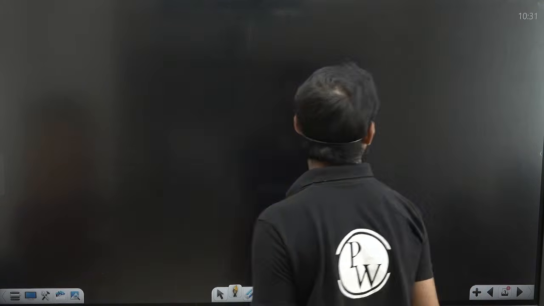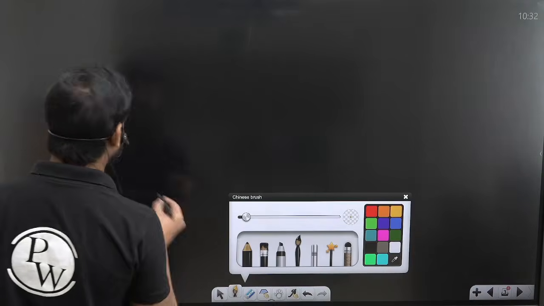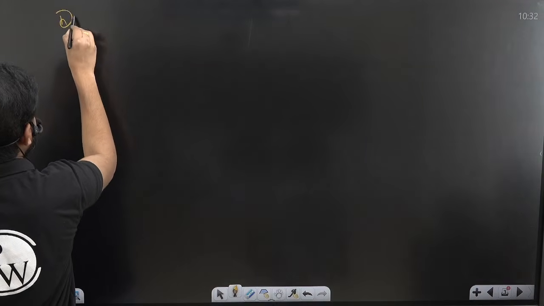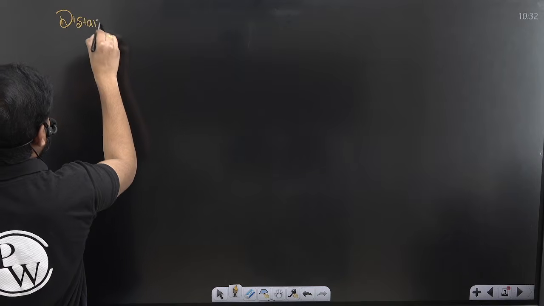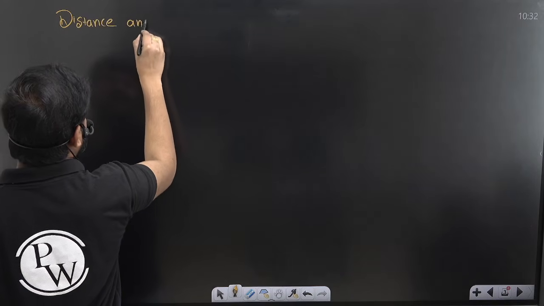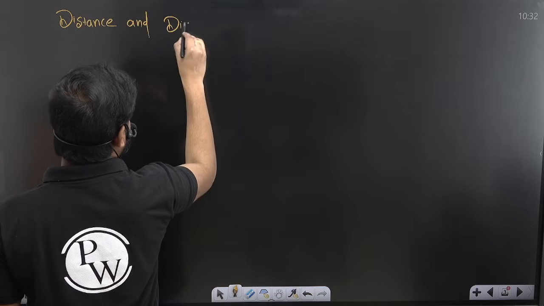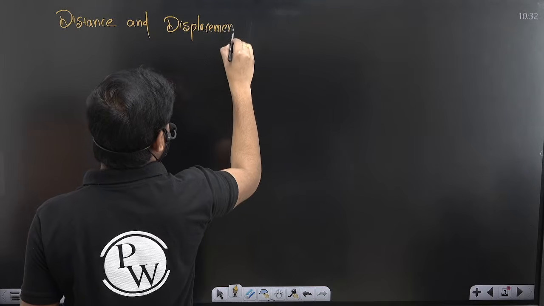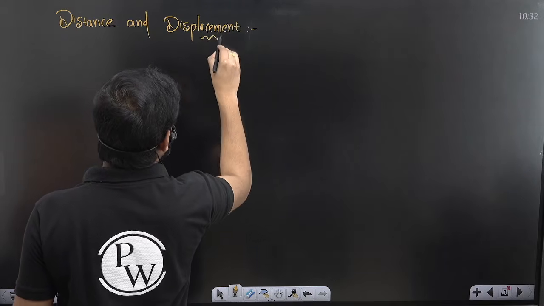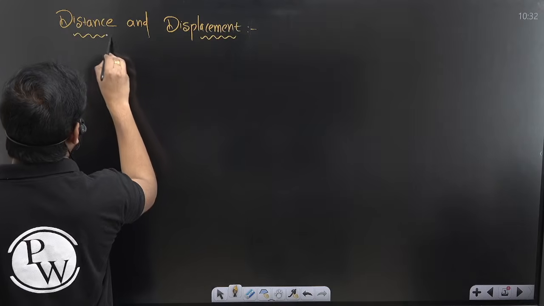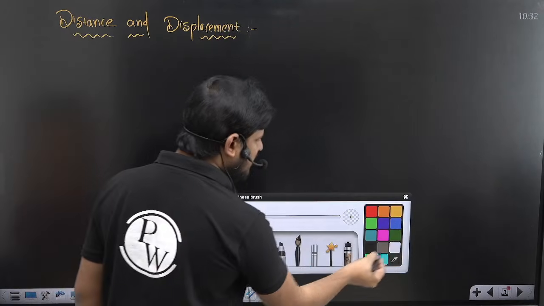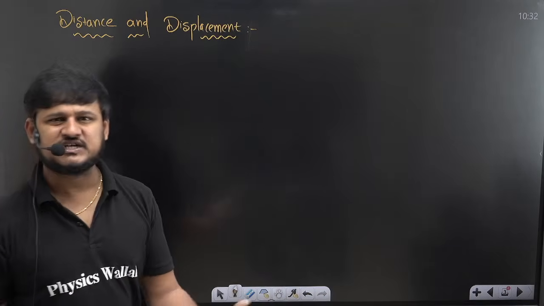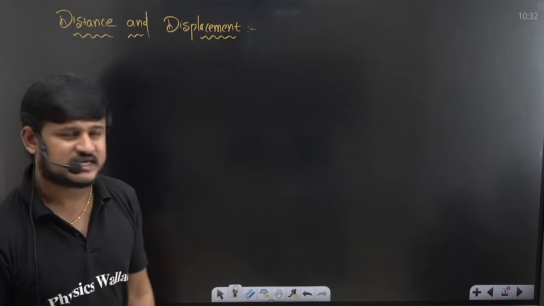So let's write the distance and displacement. You already know that the distance is the total path covered by the object, whereas the displacement is the shortest path, right?